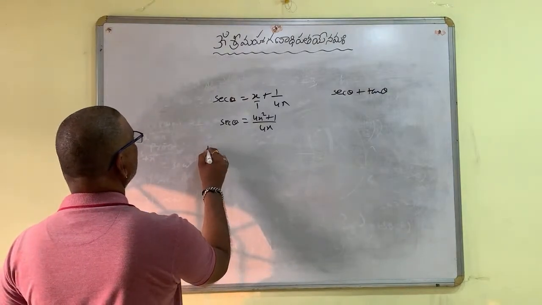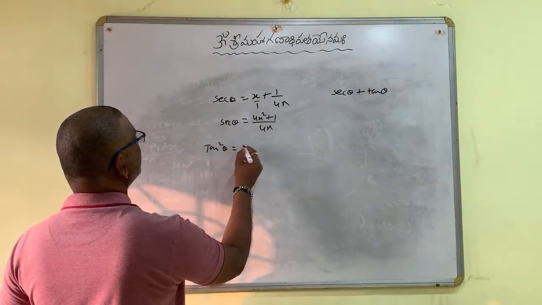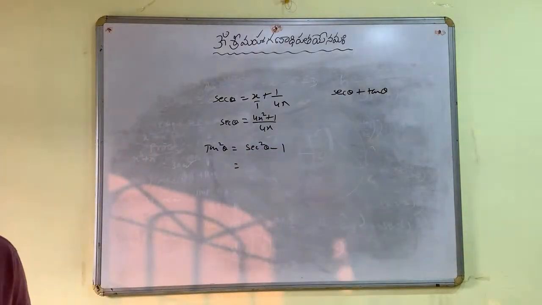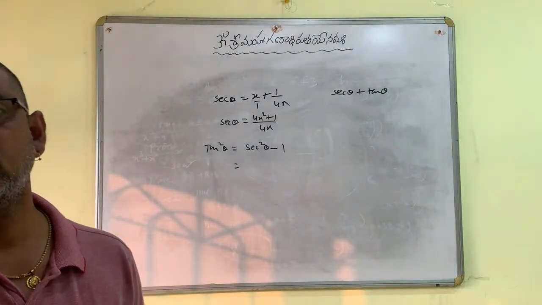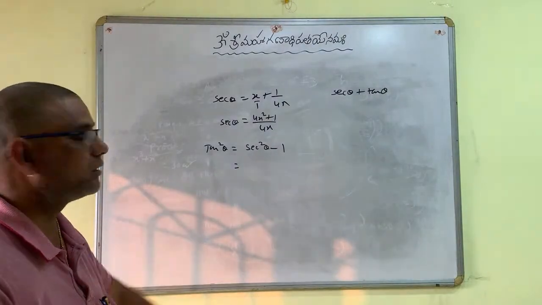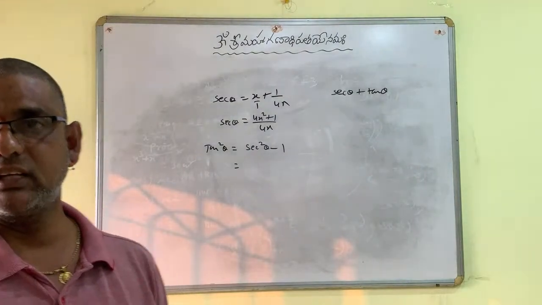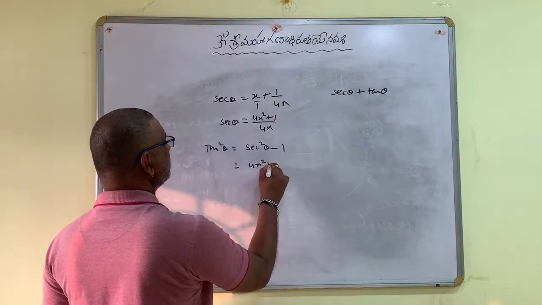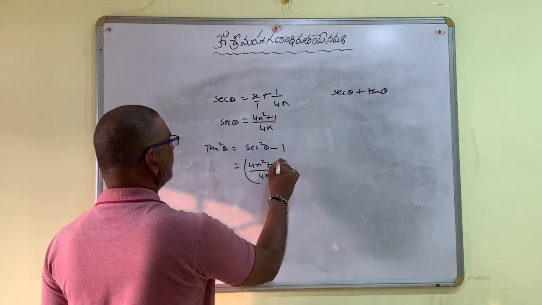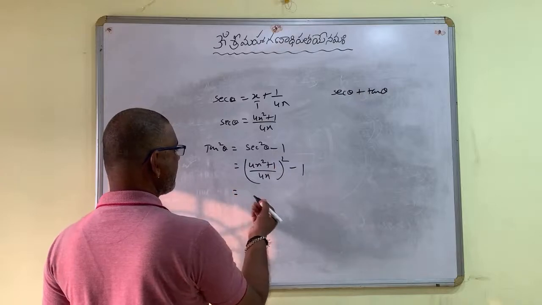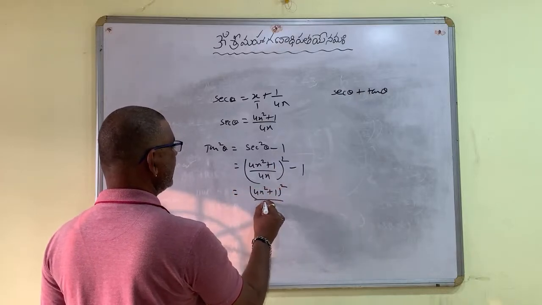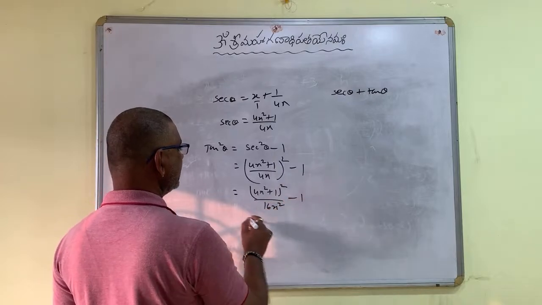Now, tan square theta is equal to secant square theta minus 1. This rule is there, no? So tan square theta is equal to 4x square plus 1 by 4x whole square minus 1. That is 4x square plus 1 whole square by 16x square minus 1.